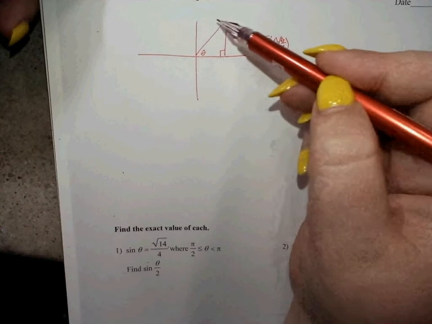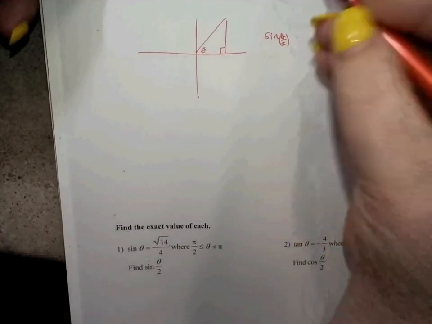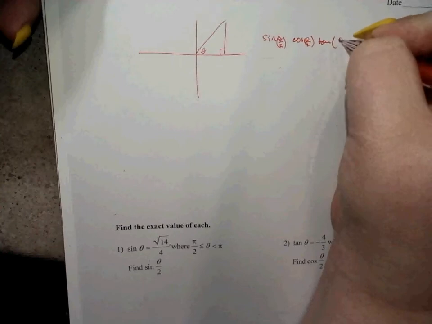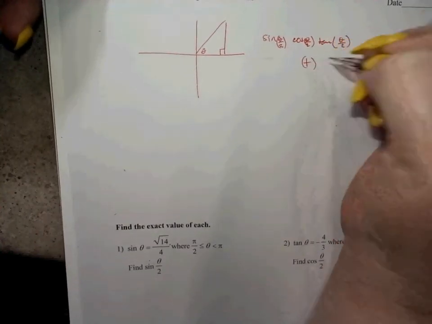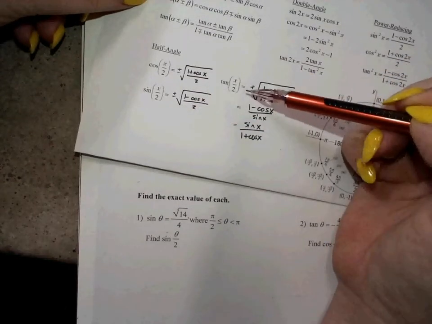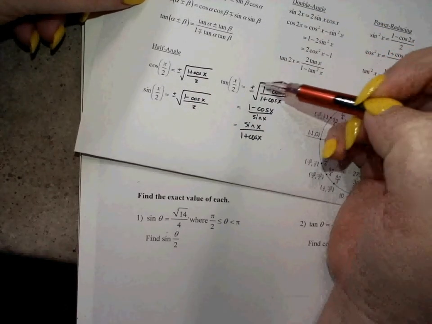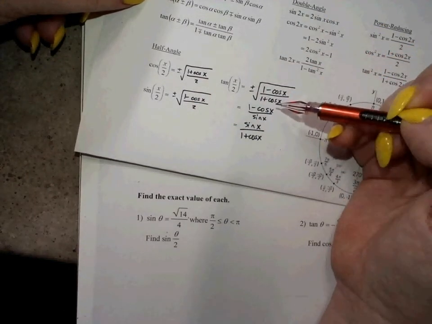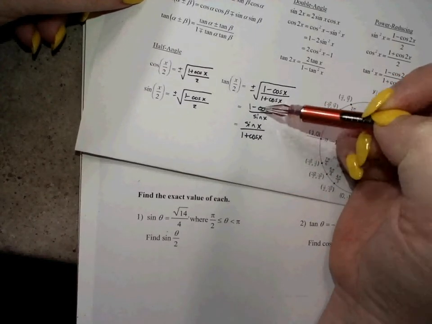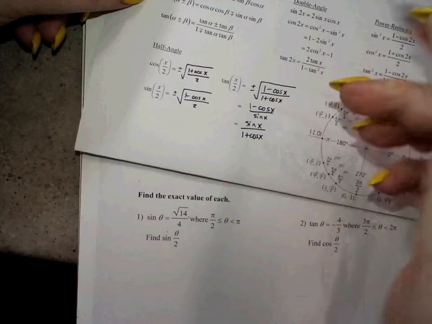And so sine, cosine, and tangent, all of those would be positive. You do have to worry about that on sine and cosine. Tangent, you only have to worry about it if you use this form, but that's not the one I suggest you use. I suggest you use these, and then it just kind of falls into your lap anyway. Cool? So really, we're just looking at the sine and the cosine.